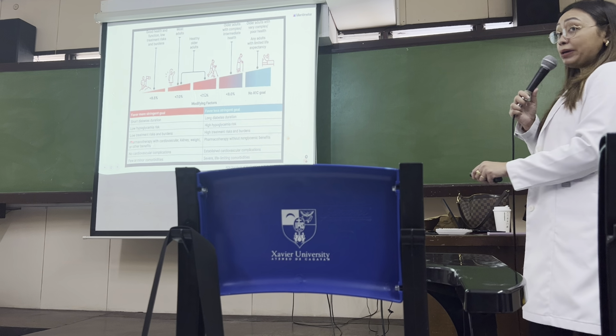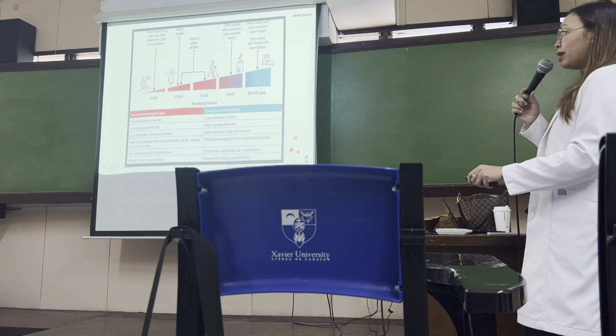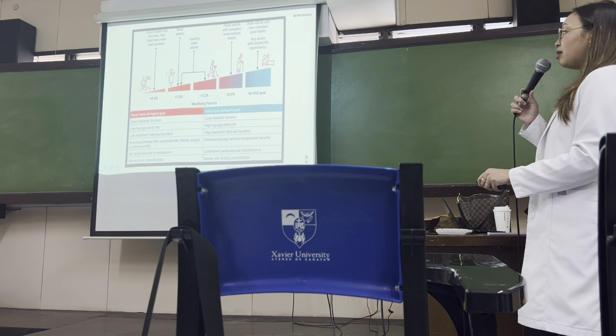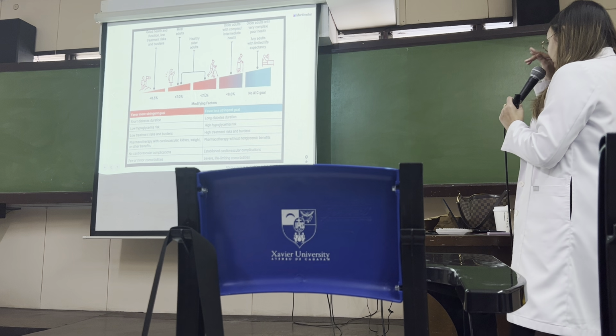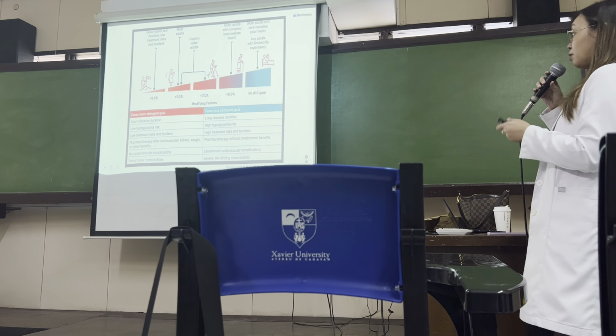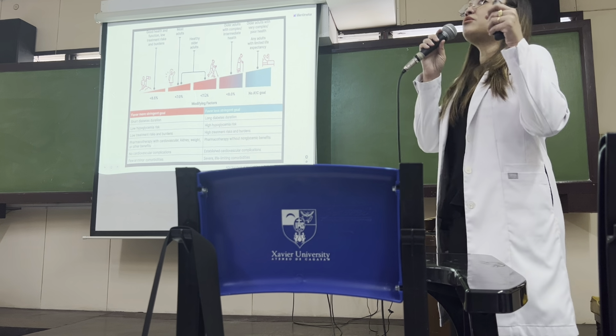But if your patient is newly diagnosed with low hypoglycemic risk, low treatment risk and burdens, pharmacotherapy with cardiovascular, kidney, weight or other benefits, no cardiovascular complications, and few or minor comorbidities, then you can be more stringent.